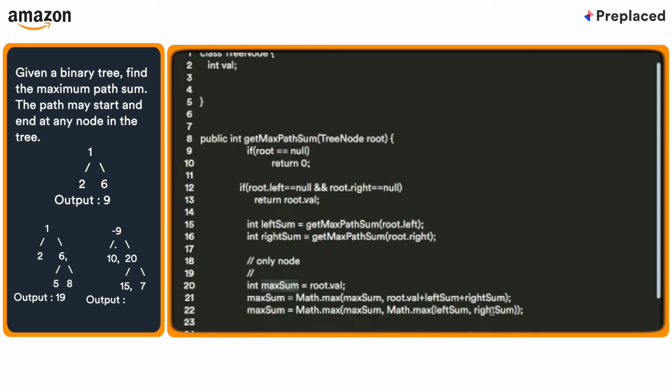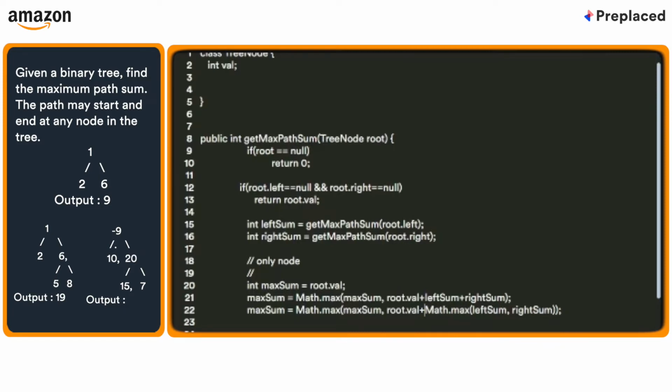Root plus left plus right could be maximum, which I will evaluate here. And if some of the sums are negative, then the minimum of these two added to root dot val could be maximum.